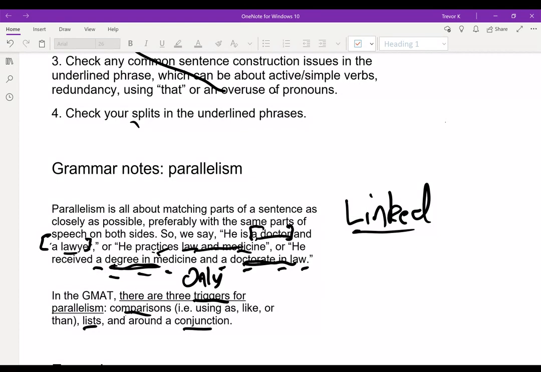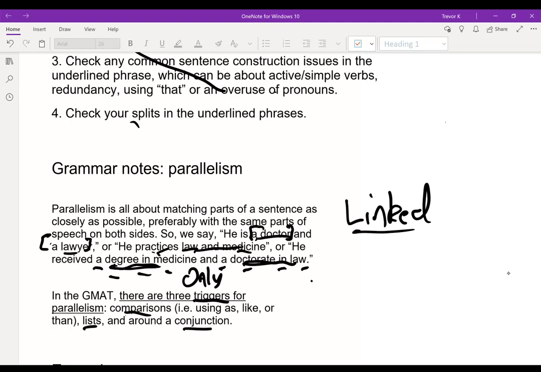Or I could even set up like in comparison, like unlike his father, he enjoys dancing. So these are my comparisons. I set up my comparison and I use my parallelism to make it clear that I'm comparing these things, right?